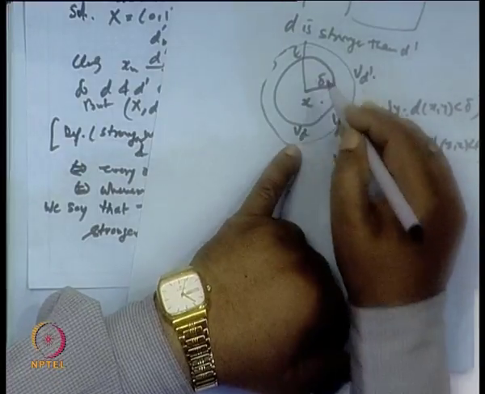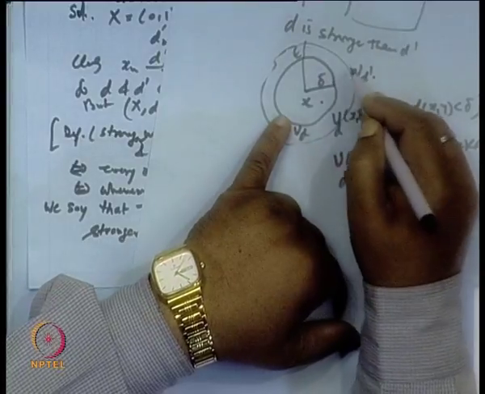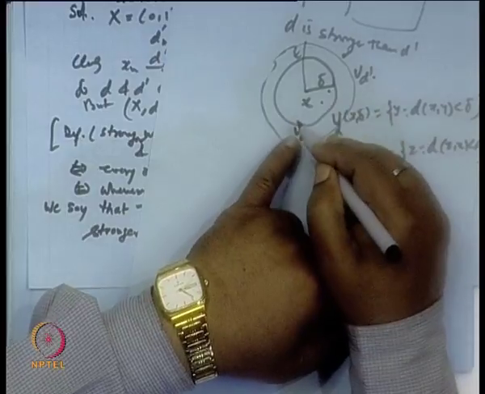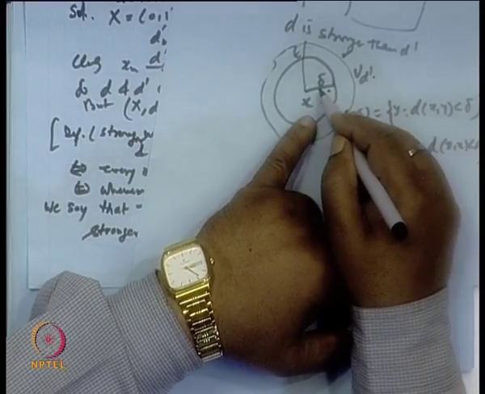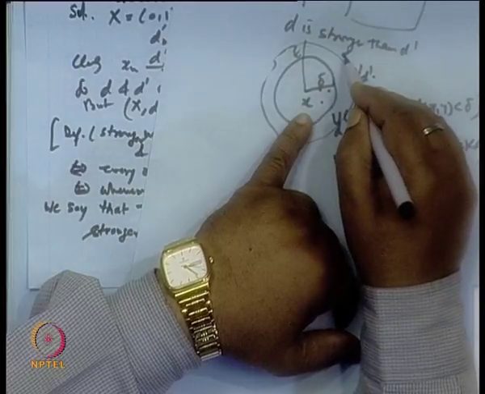Why? Because the ball which contains this one behaves as a neighborhood of this. So, if any sequence converges in this metric, then that sequence has to converge under this metric.